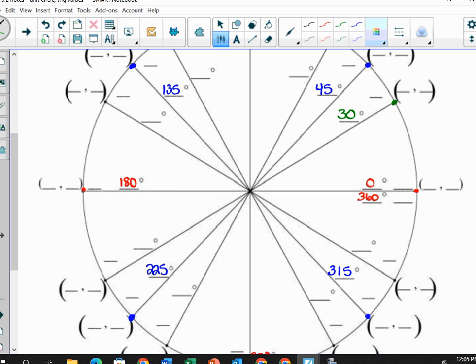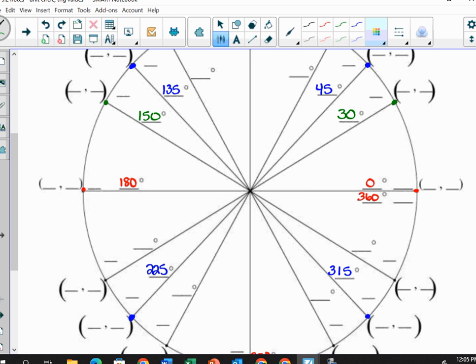So all of these, let's try to make actual guesses, okay? Thanks. All right, that is 30 degrees away from the x-axis. So the second quadrant one, also 30 degrees away from the x-axis. So what is that going to be? 150, yes.